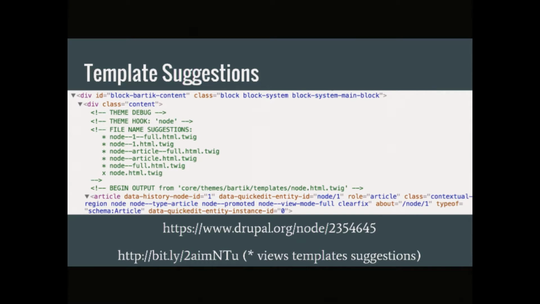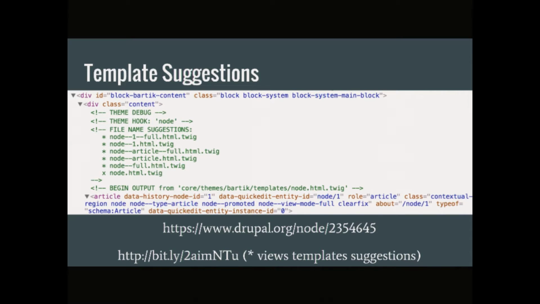Another thing to note is that views templates do not get all the theme suggestions that are available. A view in particular can use up to 5 templates. So you have a wrapper for the whole view, then you have the row styles, then you have the specific fields that are printing in the view.